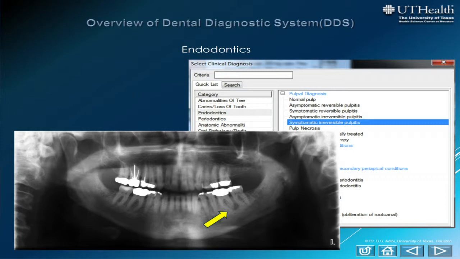This 27 year old female patient presented with pain symptoms with drinking hot and cold, and on clinical examination exhibited tenderness to percussion on tooth number 19. After thorough medical and dental evaluation, the diagnosis was determined to be irreversible pulpitis of tooth number 19.